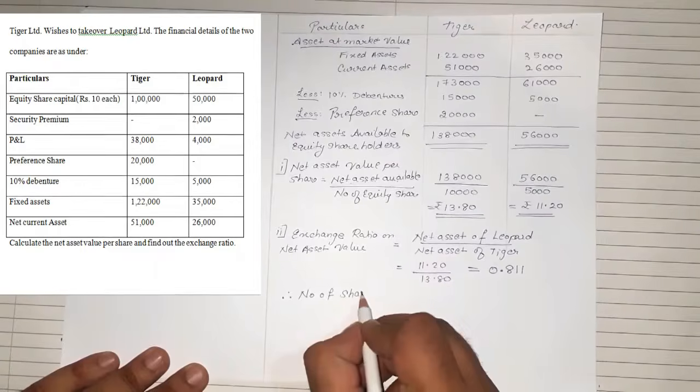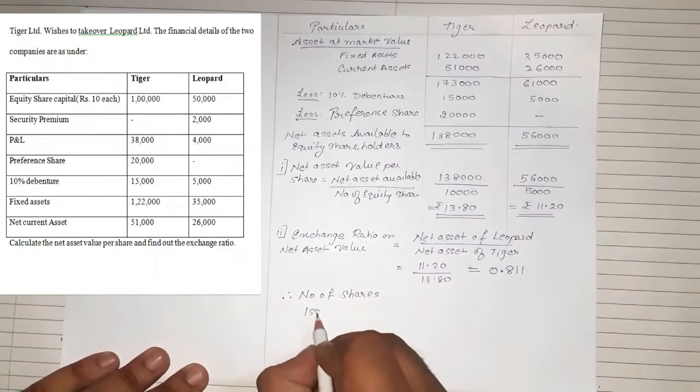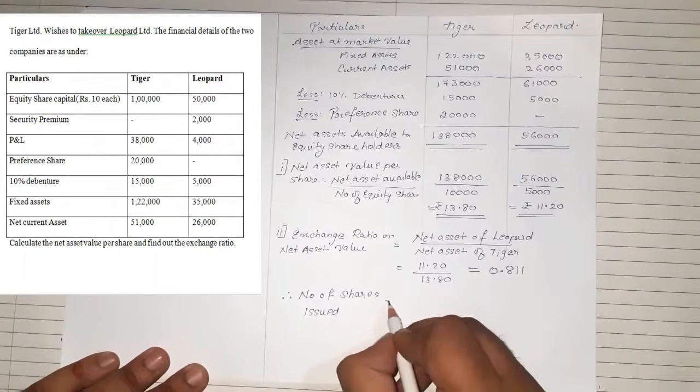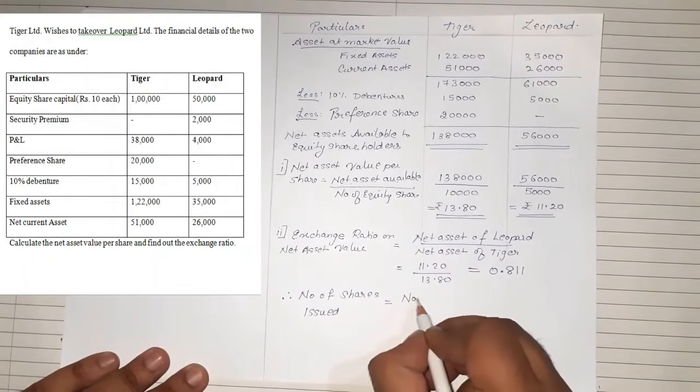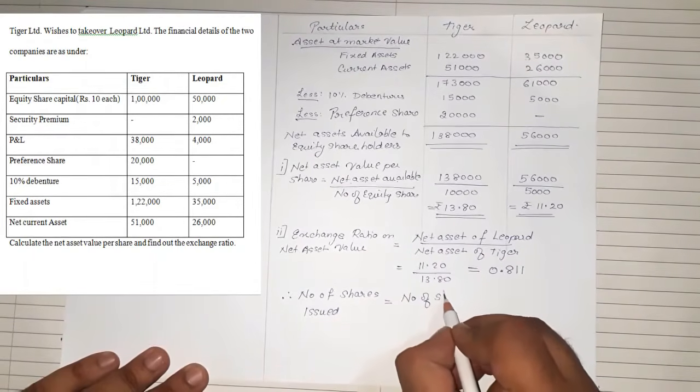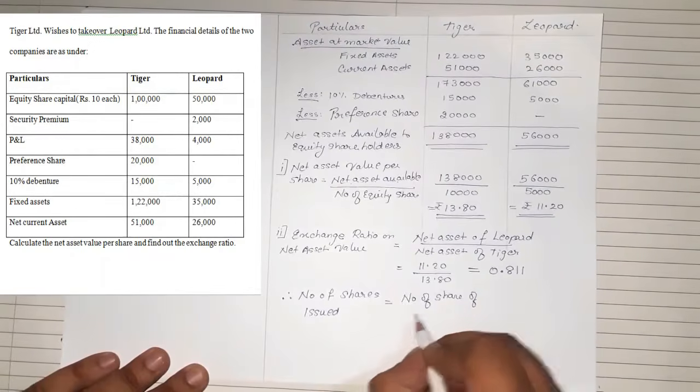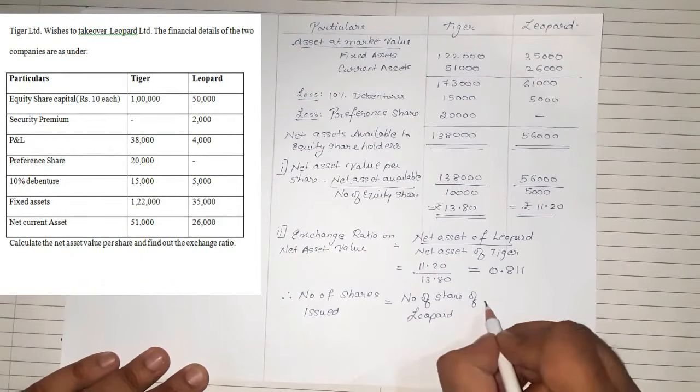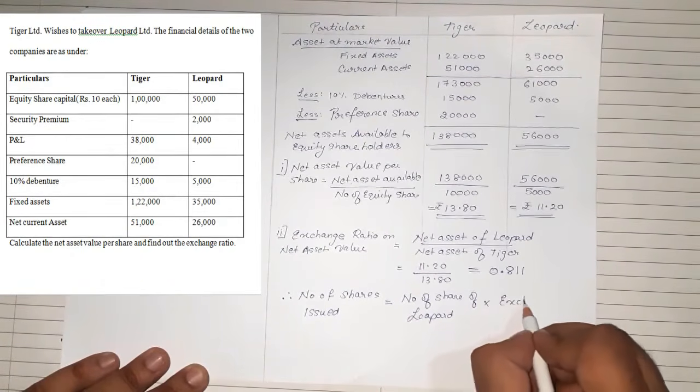Therefore the number of shares issued will be number of shares of the taken over company, that is Leopard, into the exchange ratio.